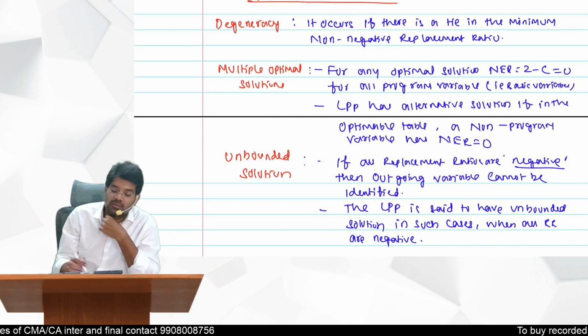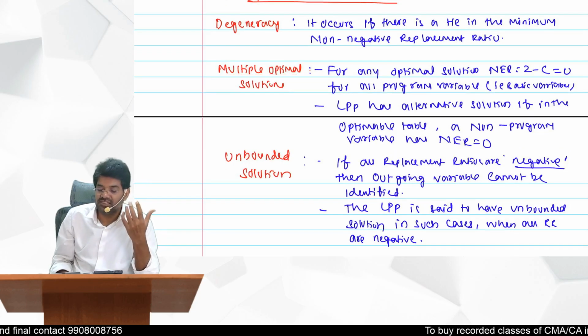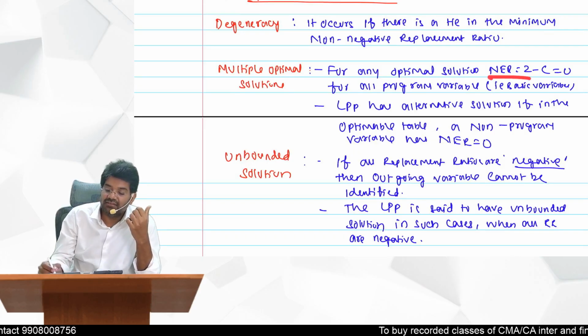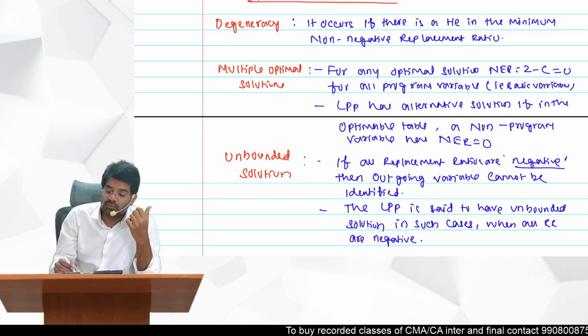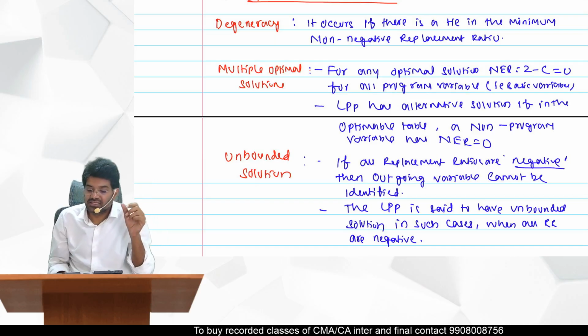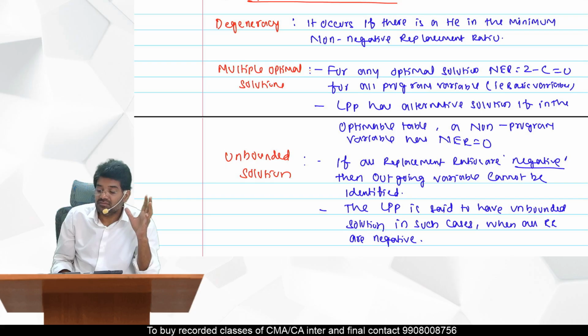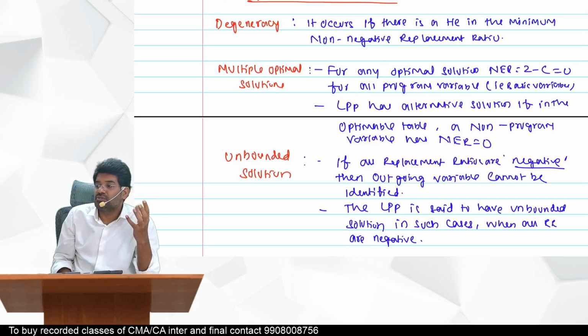Next, multiple optimal solutions. When do you say that you have multiple solutions? For all program variables, we know that our NER value must be equal to 0.